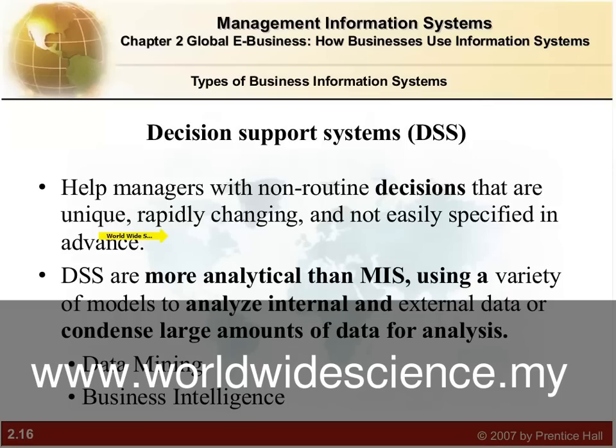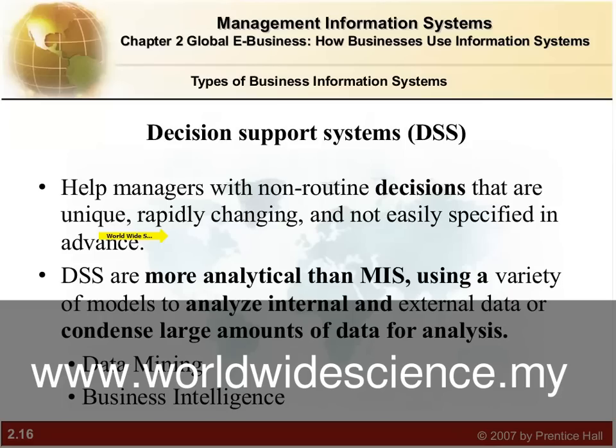So internal DSS use the internal information provided by TPS and MIS, and also use external information such as current stock price or competitor product price, some information like this.